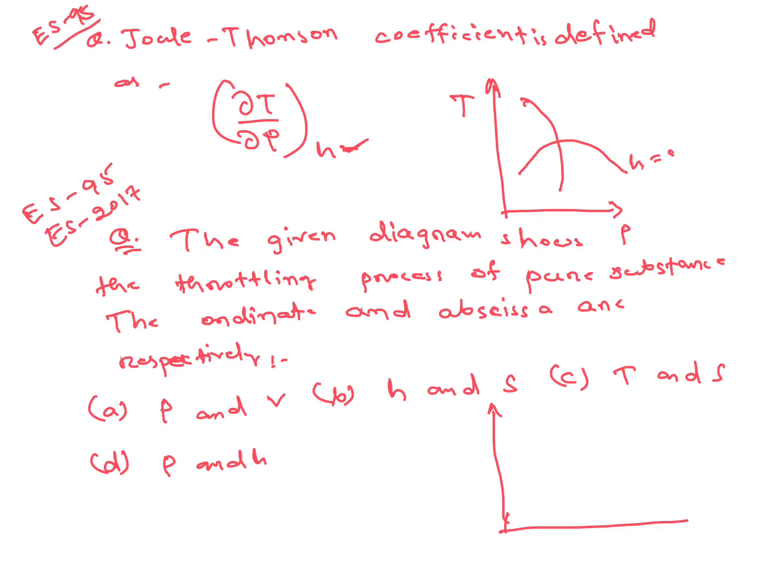Nothing was mentioned on the x or y axis, they simply give the process 1 to 2, direction 1 to 2. You have to choose from the options. It's the P-h chart, here pressure, here enthalpy. They won't give pressure and enthalpy, only the outline. You have to choose the option.